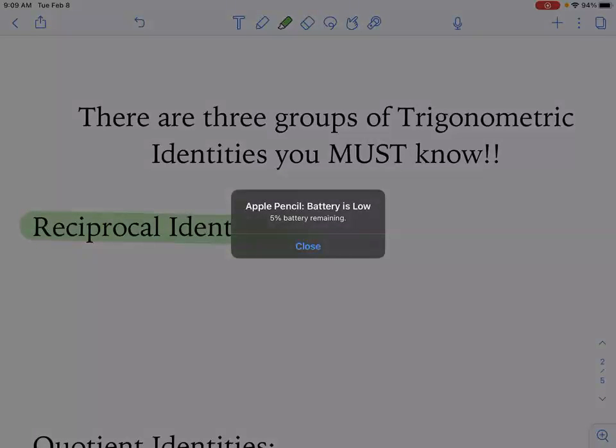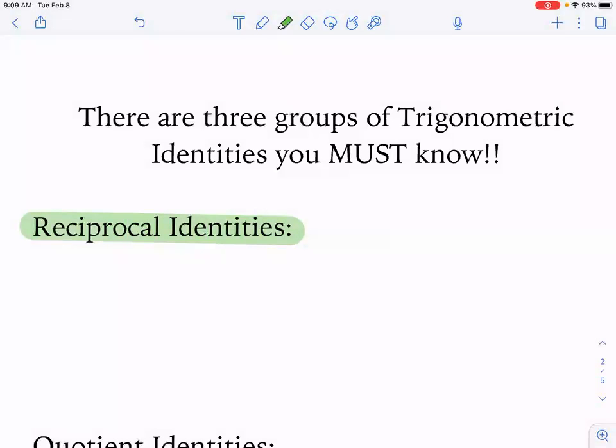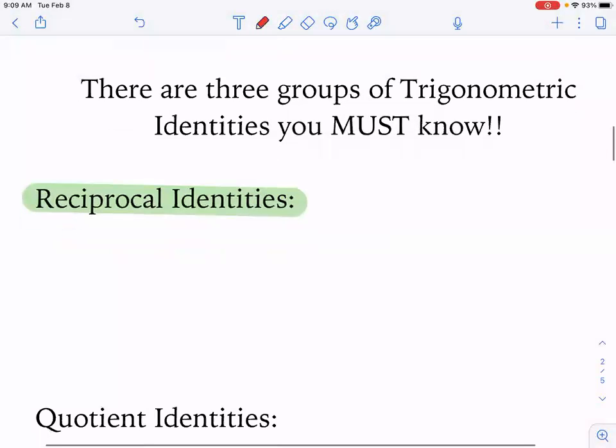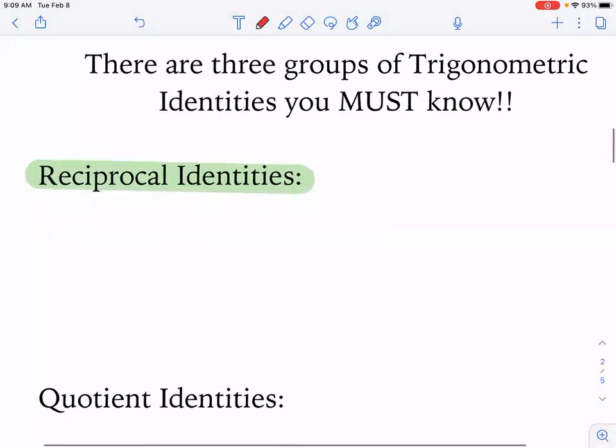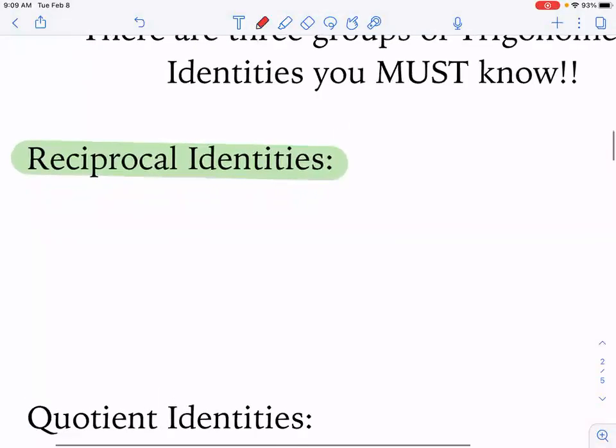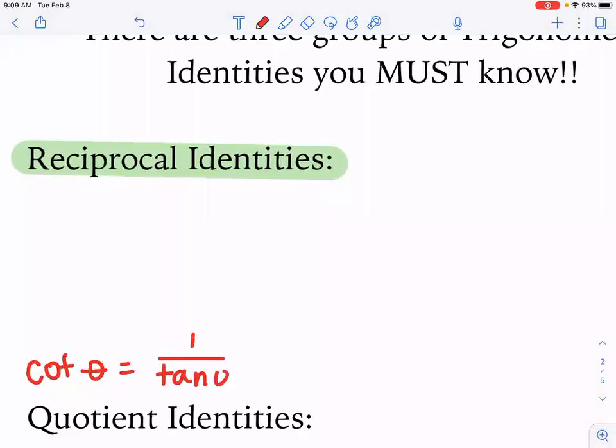Nick, give me an example of 2 trig functions that are reciprocals. Tangent and cotangent. Okay, so we know that the cotangent of theta is 1 divided by the tangent of theta. Oh. Hank, what's another one that we know?